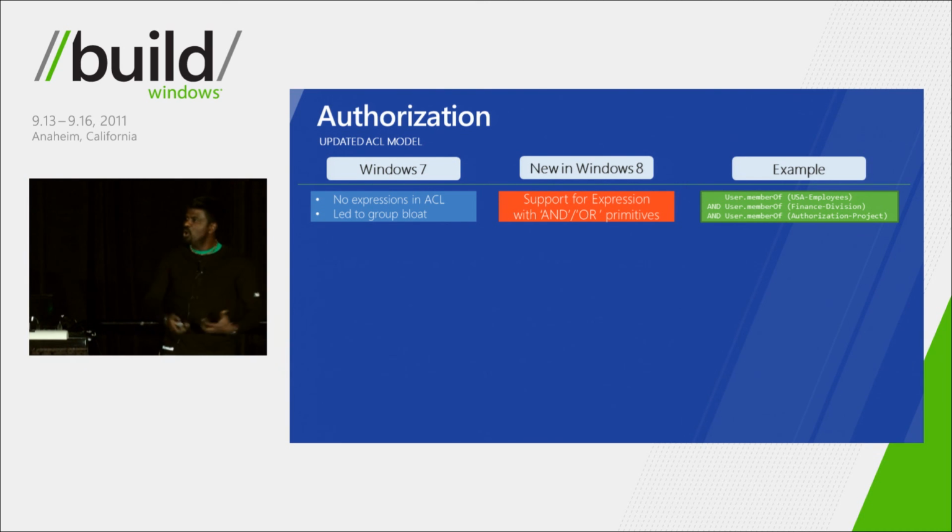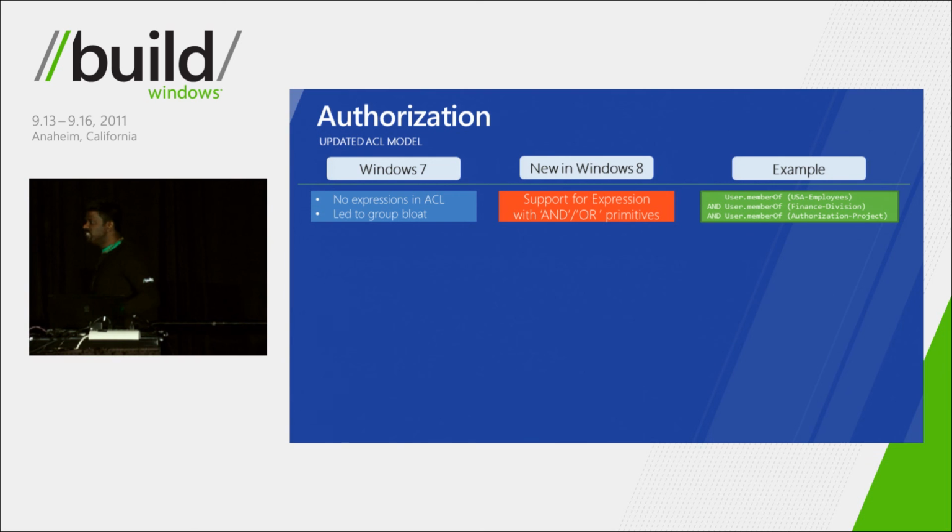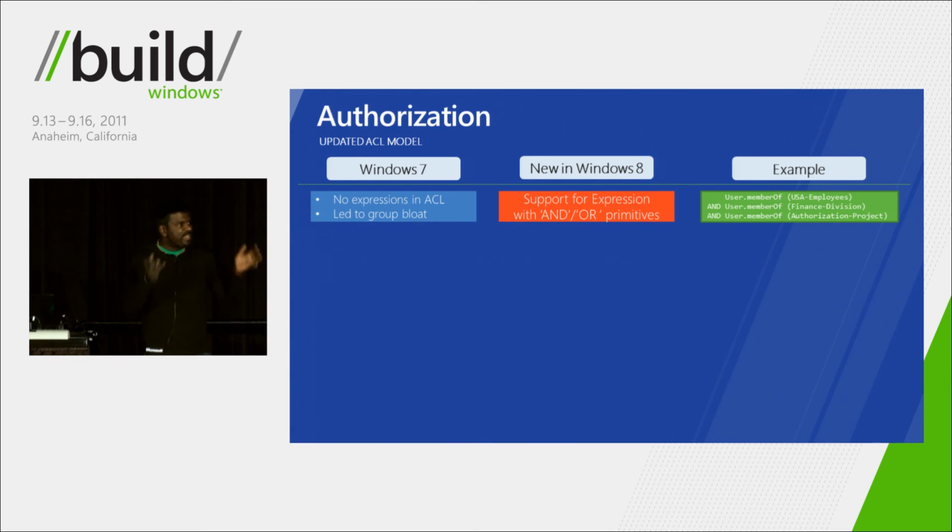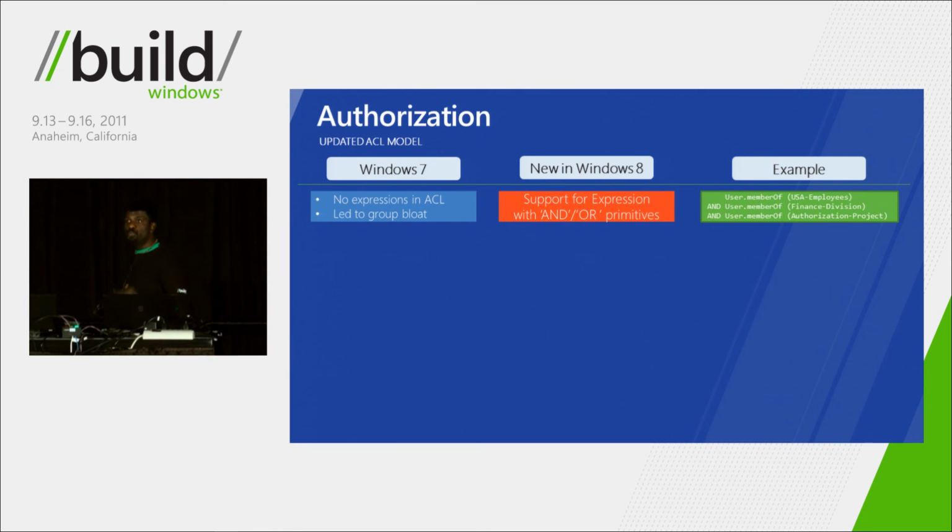So you can do combinations such that the user is a member of USA employees and is a member of the finance division and is a member of this authorization project. So it really focuses on making sure that you can manage your logical sets in a more efficient manner, and this should lead to a lesser number of groups that you would need to manage, or that could become stale in your organization. You can do it in a more efficient fashion.